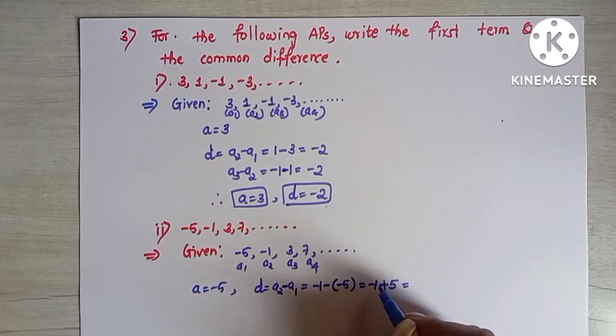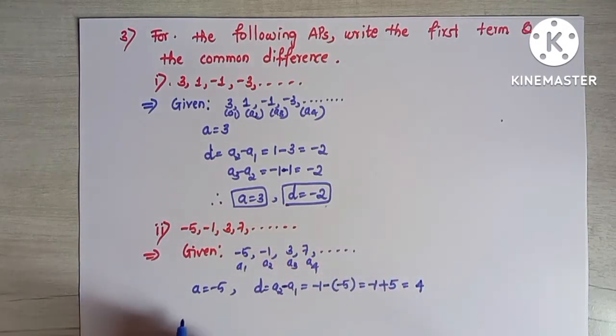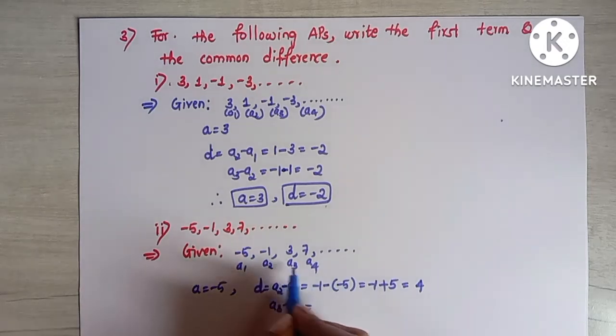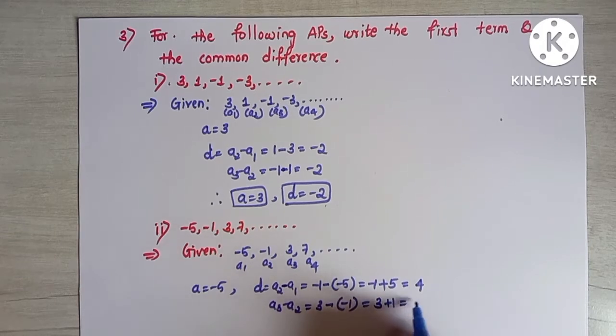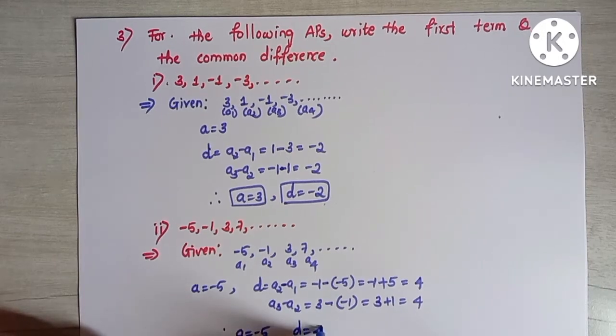So minus 1 plus 5 is 4. Next, A3 minus A2. A3 is 3 minus of minus 1. So this is 3 minus into minus plus. Therefore, it is 4. Therefore, A value is minus 5 and D value is 4.